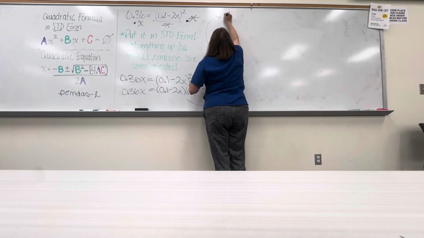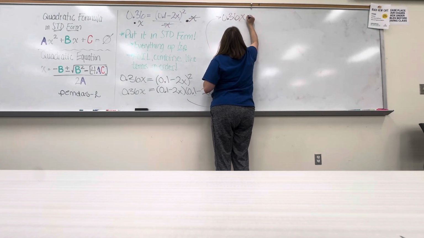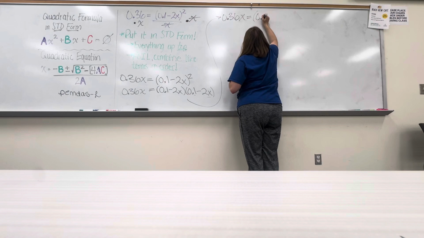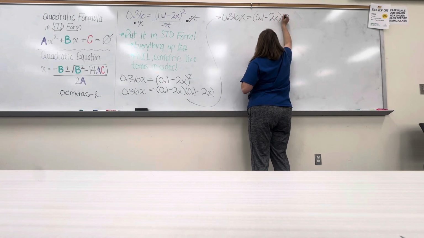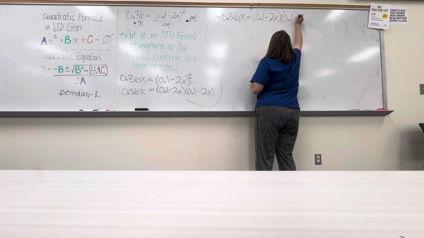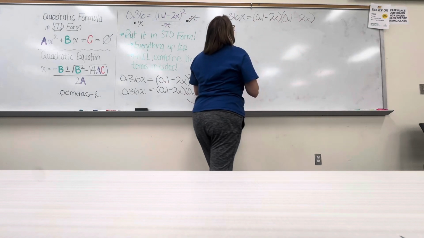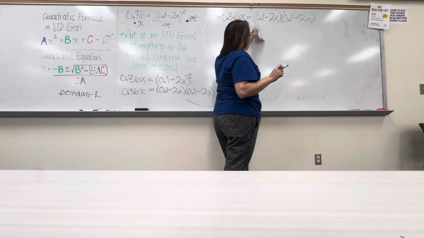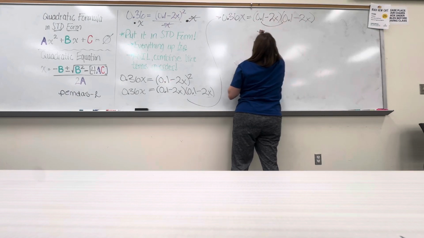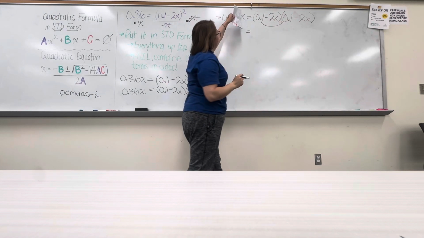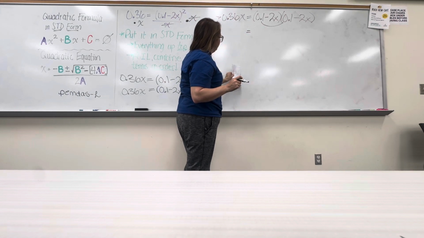Okay, so 0.36x equals 0.1 minus 2x, 0.1 minus 2x, okay? So let's FOIL first values, right? We'll do our first values first. And again, we're following our language of math. Keep our equal signs in order in a downward fashion.